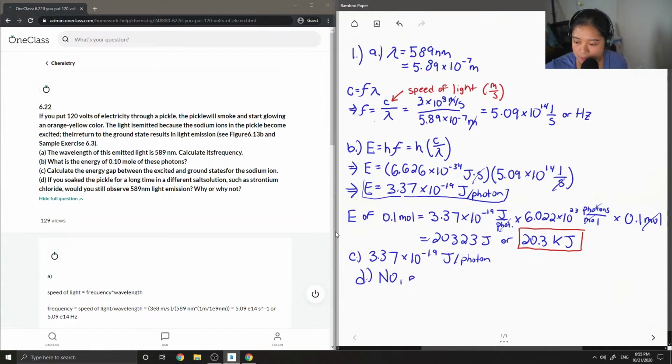And that is because the energy gap between the ground state and the excited state of strontium will be different.